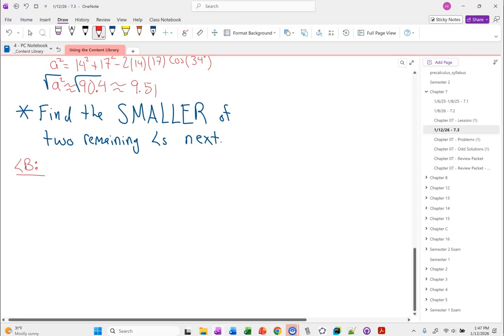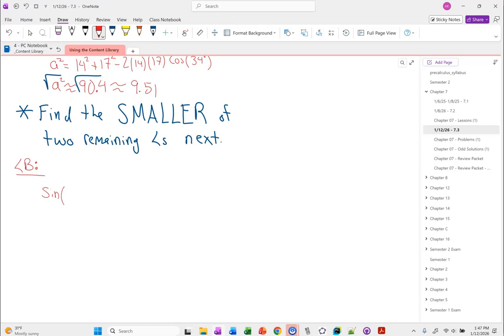To find angle B, I'm just going to do a law of sines now. So I'm going to say sine A over A equals sine B over B, 14. Looks just like the first step in the SSA case, right?